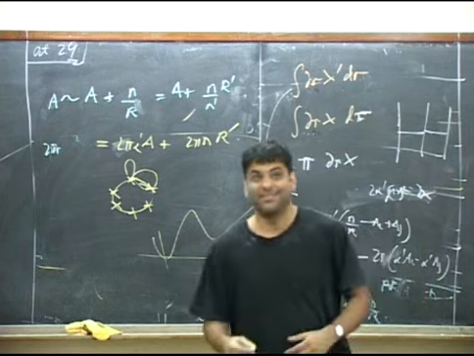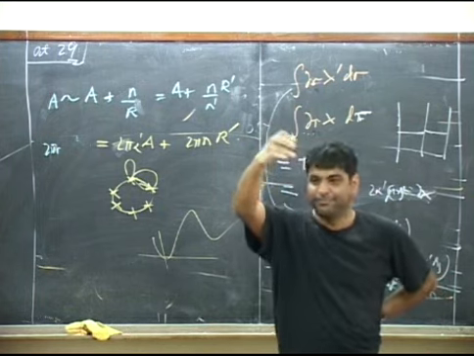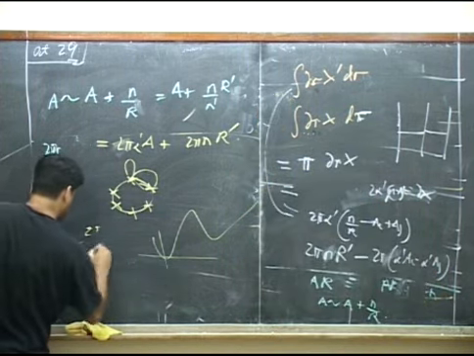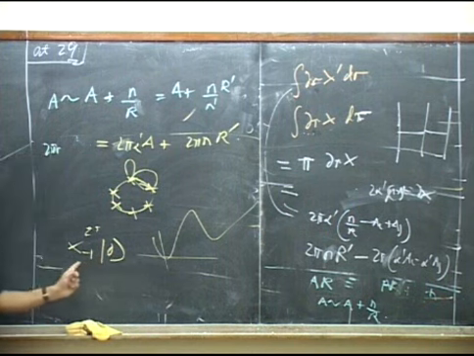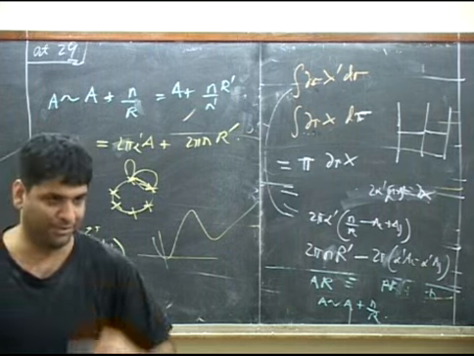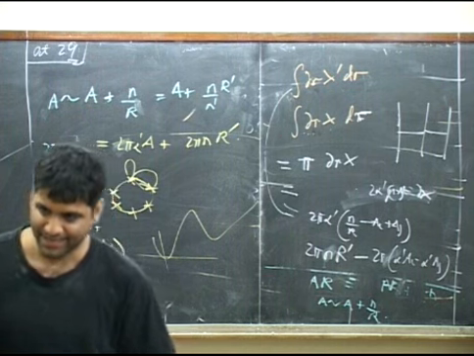The mode α₋₁²⁵ acting on the vacuum was the mode that corresponded to A₂₅, the 25th component of the gauge field. Okay?